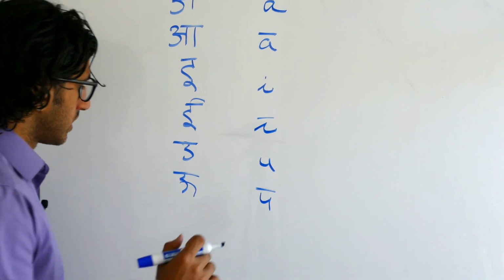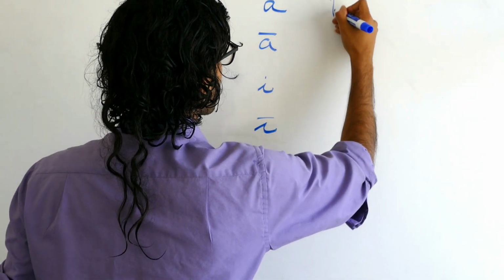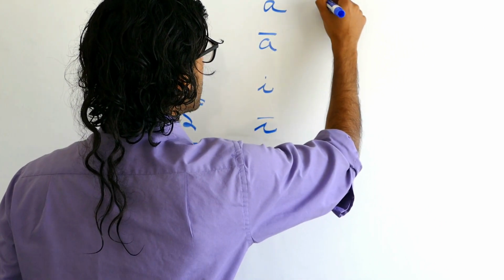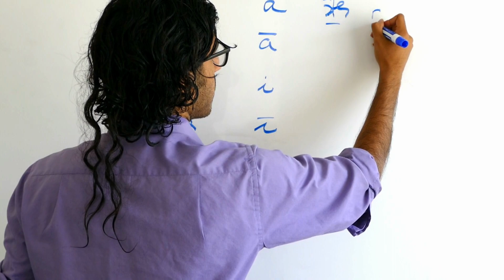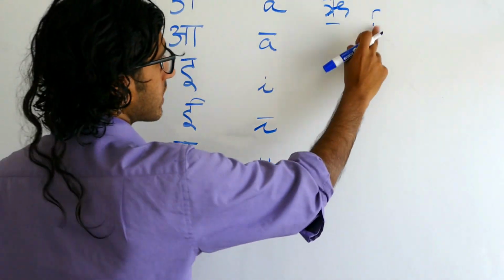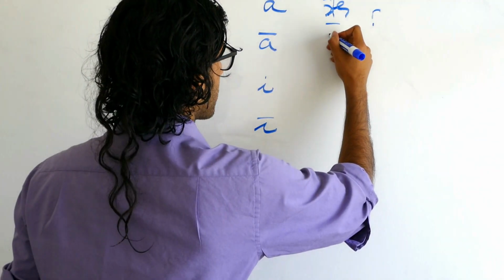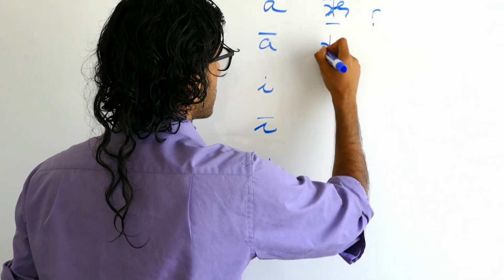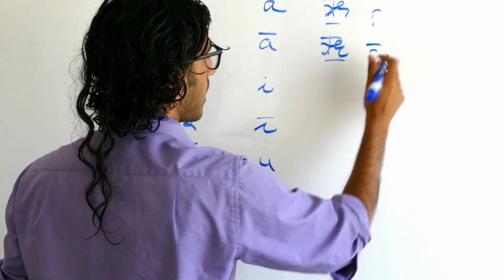Then we have this one right here, the ri or ru. And this one will be an R with a dot underneath. So ru will look like this in English, Roman, Latin script. Then we have the long one, ri, ru. That one is R with a dot underneath and a line above.